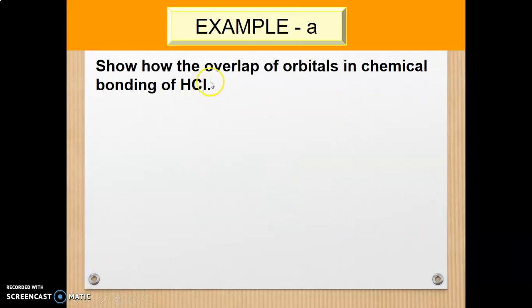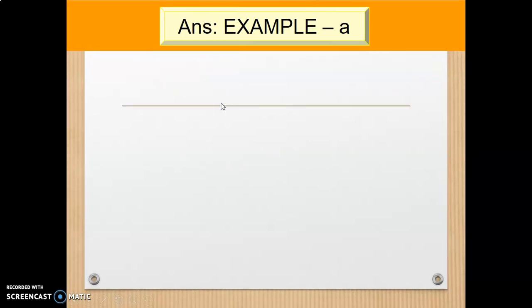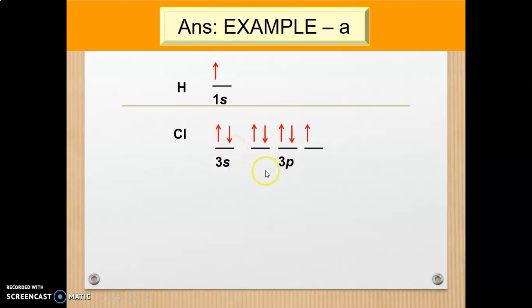Example, show how the overlap of orbital in chemical bonding of hydrogen chloride. So the first thing, we write down the valence electron configuration. Hydrogen has one valence electron. Chlorine has 7 valence electron.